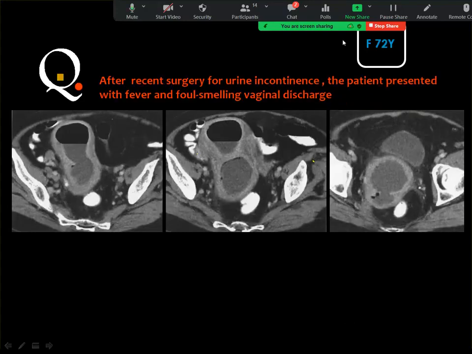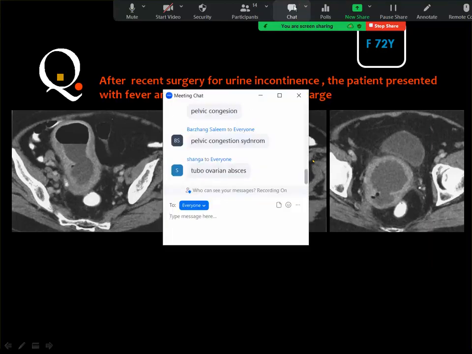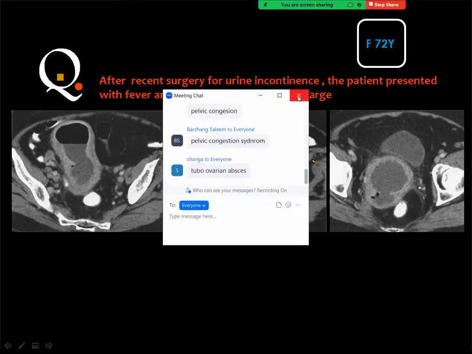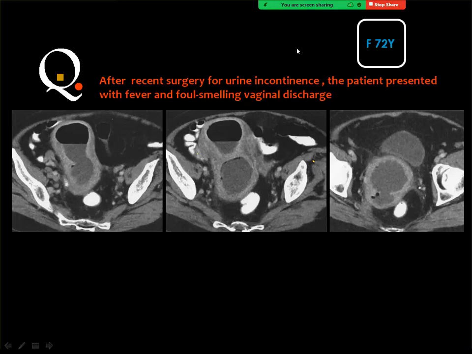Next case is a female patient, 72 years old. She had recent surgery for urine incontinence, and the patient presented with fever and foul-smelling vaginal discharge. Actually, this is not a tubo-ovarian abscess. This is the uterus itself.